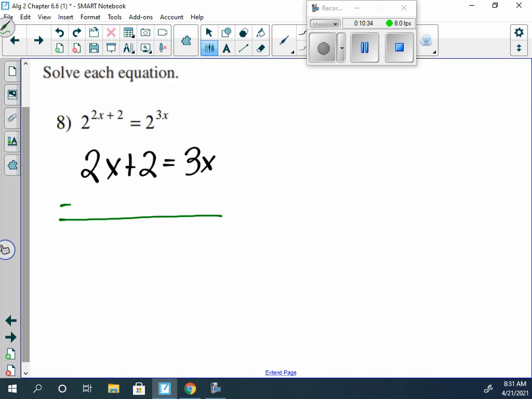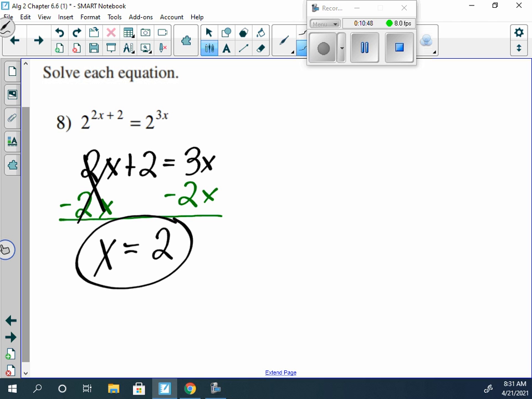We would minus the 2x from both sides. 2x minus 2x is 0. 3x minus 2x would just be x is equal to, x is by itself, it's positive, and the only number in front of x is 1. So we've solved it. Any questions on any of these here? We like these here so far?